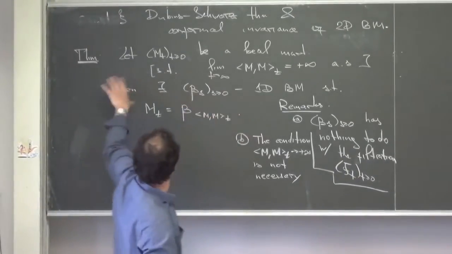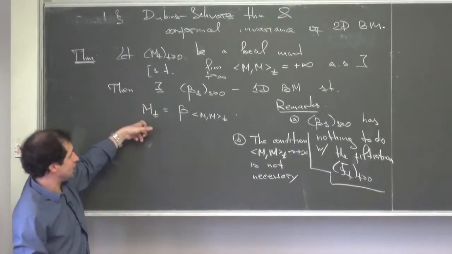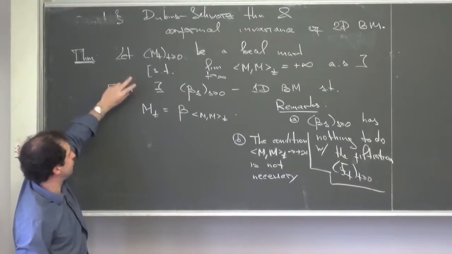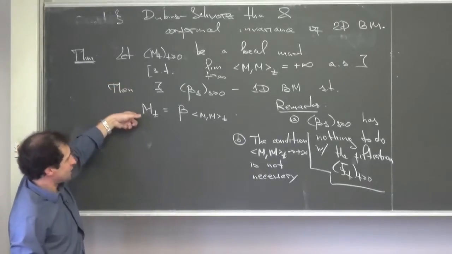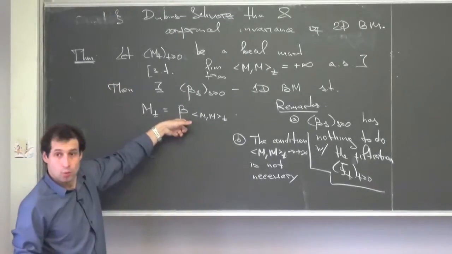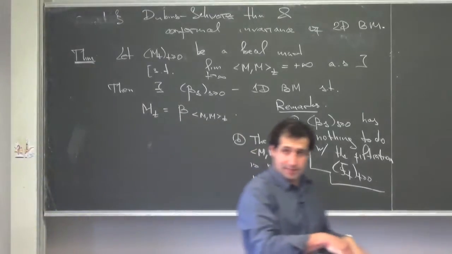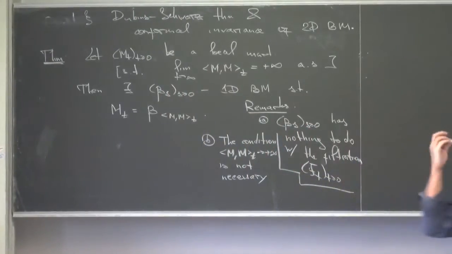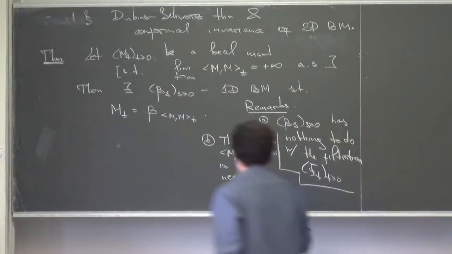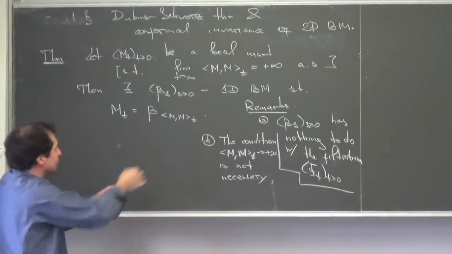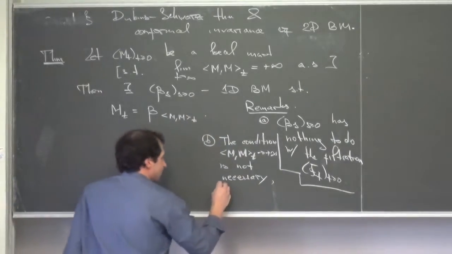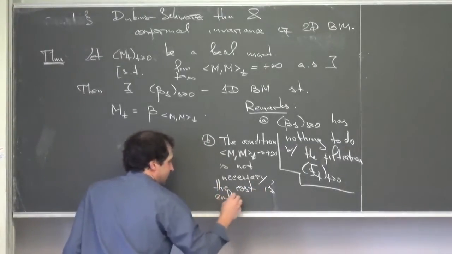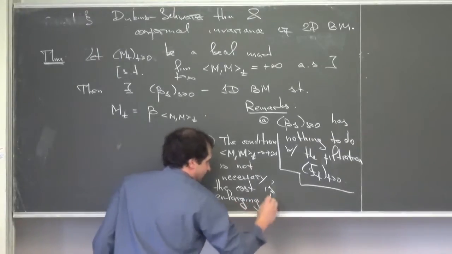To make the claim correct, this is basically an issue of probability spaces. In this theorem, this beta will be defined on the same probability space as M, equipped with another filtration, of course. The condition is not necessary, and if we would like to have a full Brownian motion, the cost is enlarging the probability space.